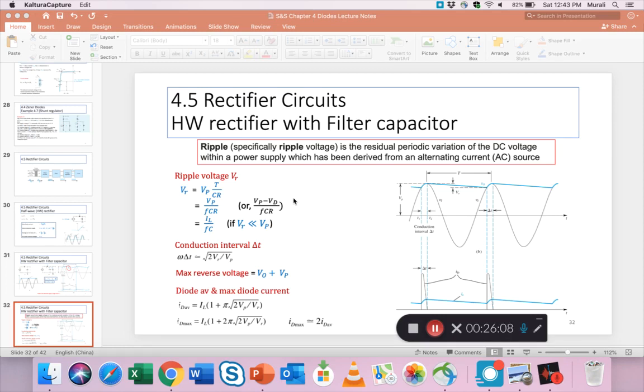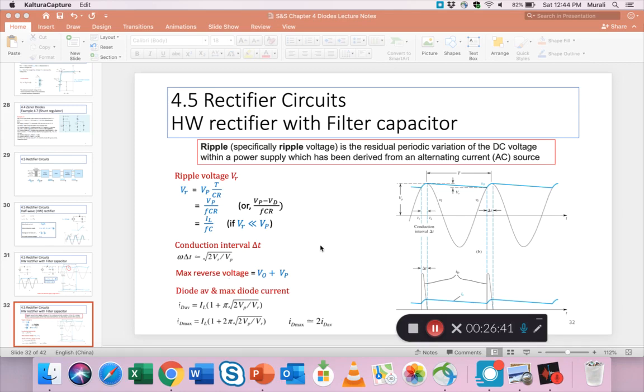Sometimes the diode voltage is dropped if it's small in comparison to the Vp. But either way, you must be comfortable with the concept that the ripple voltage depends on all these factors, and there is a formula to use when we are solving problems. Similarly, the conduction interval has a formula, so sometimes you may have to use that. It depends on the ratio of the ripple and the peak.